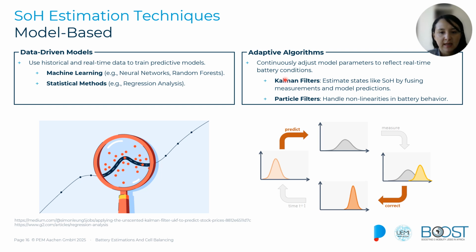And in the adaptive algorithms, basically the algorithm will continuously adjust the model parameters based on the real-time data conditions, and it will learn from the data that the battery obtains to improve the accuracy also. Here are some examples, and the loop where we predict, we correlate, and we recalculate our model parameters based on that.